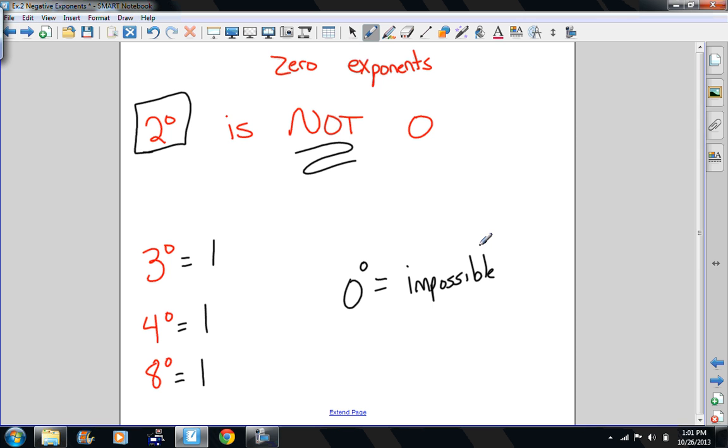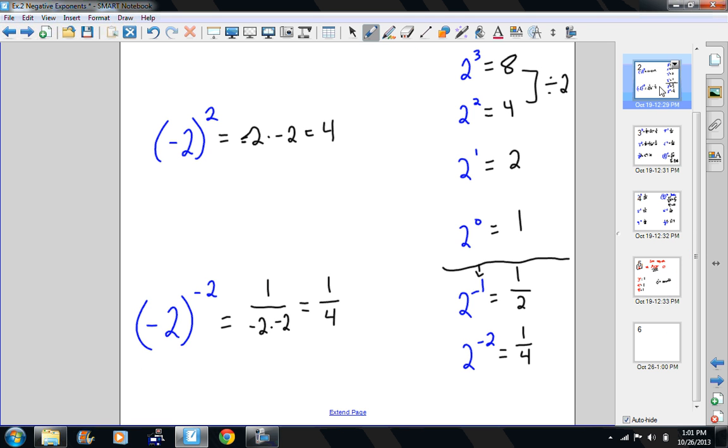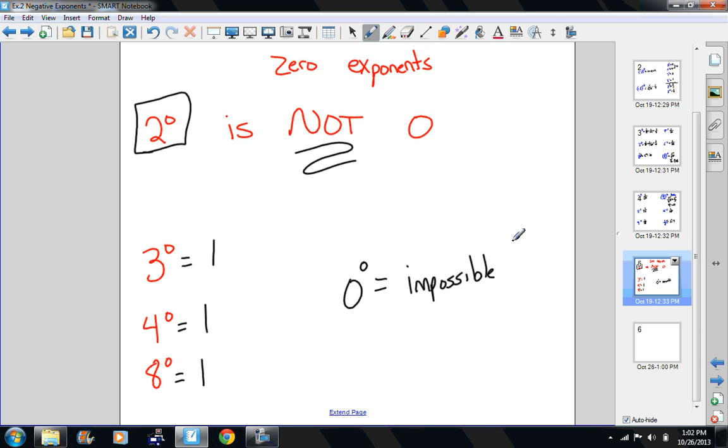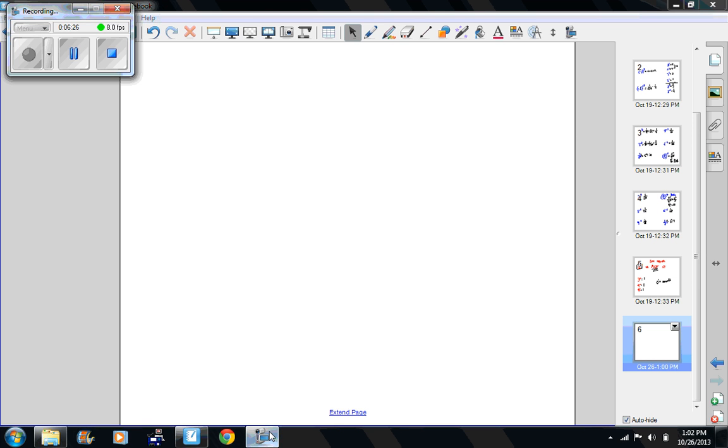But the reason why that happens, if we noticed in our table we made right away, 2 raised to the 0 ends up being 1 because we're dividing by 2, and that would always end up being 1. And that will be that way for any number. So going back, anything raised to the 0 power will always be 1. Okay? If you have any questions, make sure you ask me. This can be a tricky section.